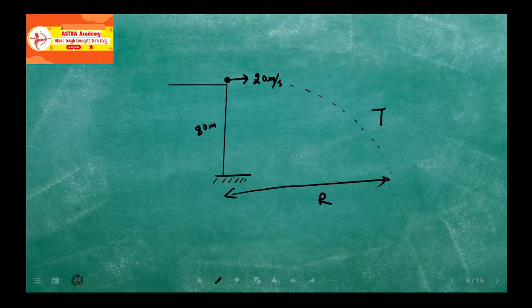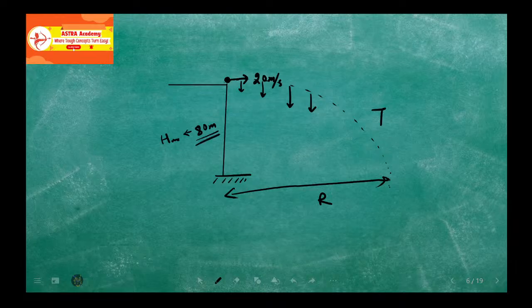Because already we know that as soon as you shoot this ball from the edge of this cliff, building, terrace, whatever, it will start coming in the downward direction only due to gravity. So the maximum height is nothing but 80 meters only, because all the height will be below 80.